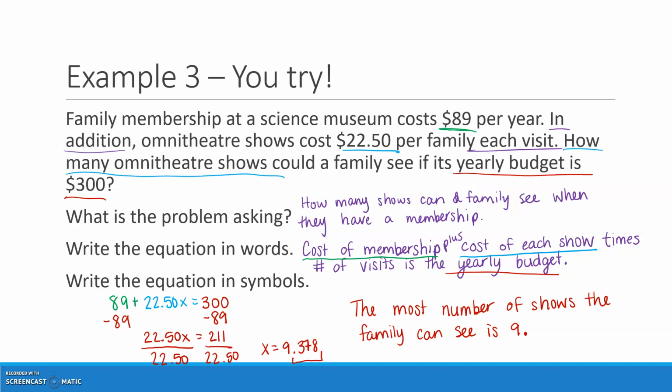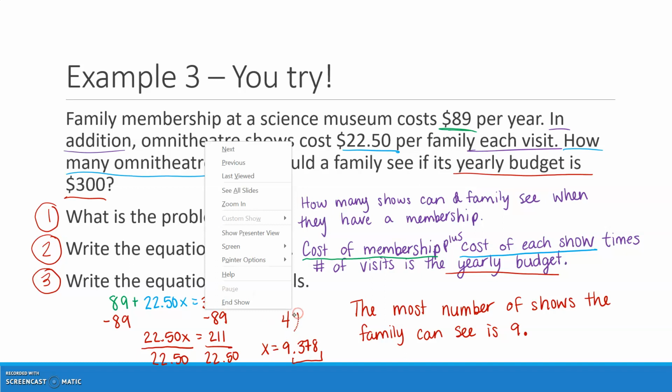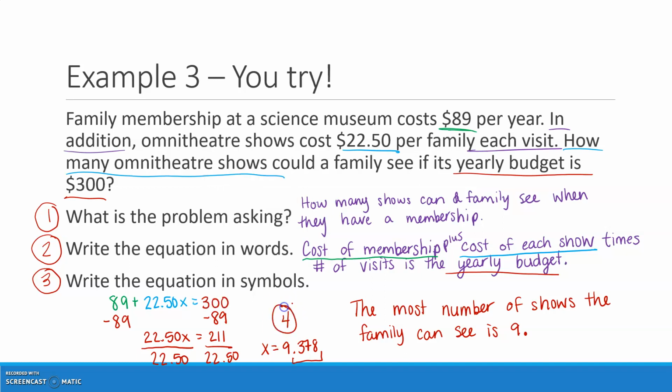And I think that this can be done pretty easily in Google Docs, but I have to see what the problem is asking. I need to see write the equation in words, write the equation in symbols, solve it, and then write a sentence. So there's only 3 problems, but there's 5 different steps that need to go with each one. Make sure you're making it very clear what each problem is asking.